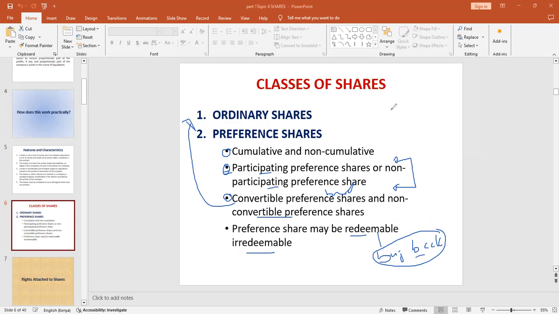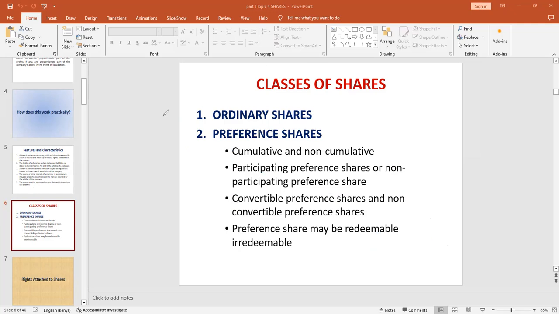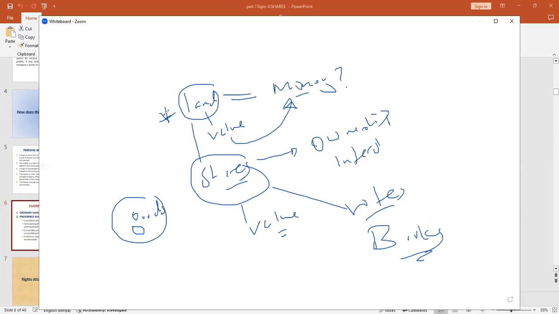That is something you need to understand. Think of it this way. Why would a company want to buy back its own shares? And the answer to that will just depend on the market.